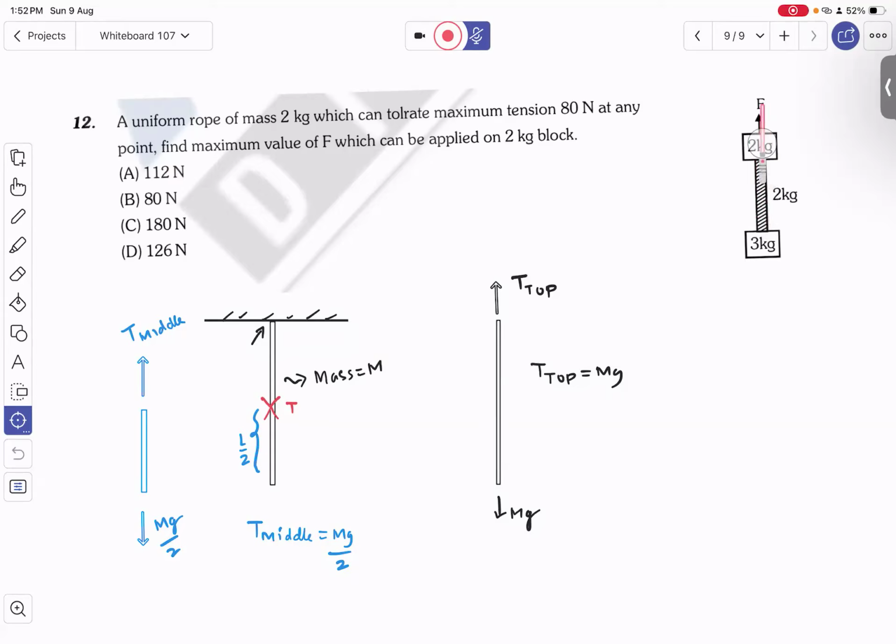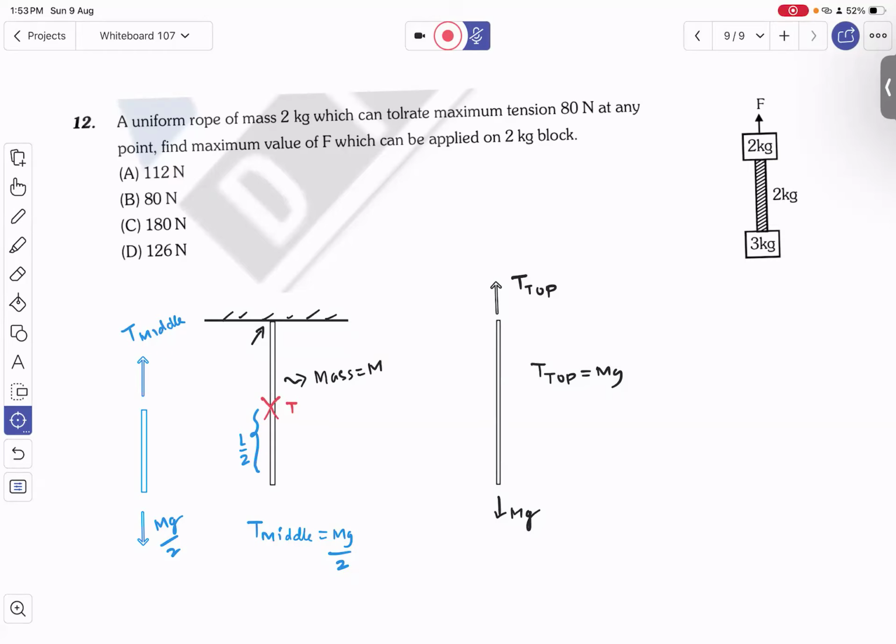In that case, whatever force we apply is the maximum force we can apply, because the moment we apply any more, the tension will become more than 80 and the rope will break. Correct? I hope this logic is clear.